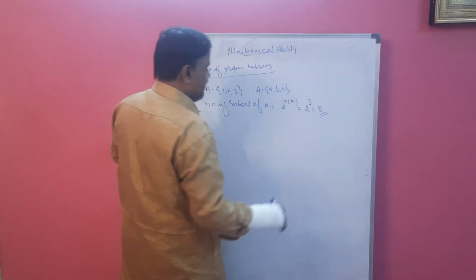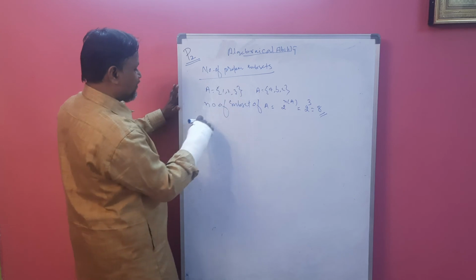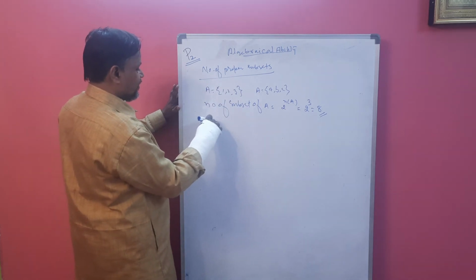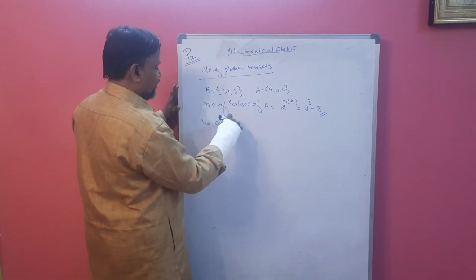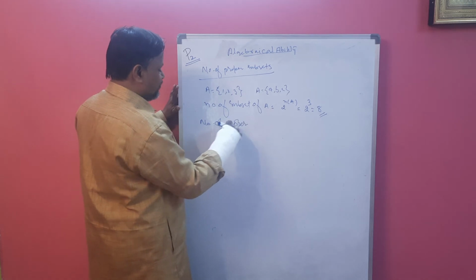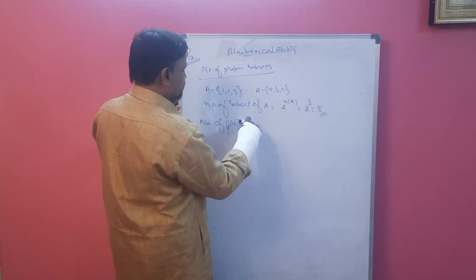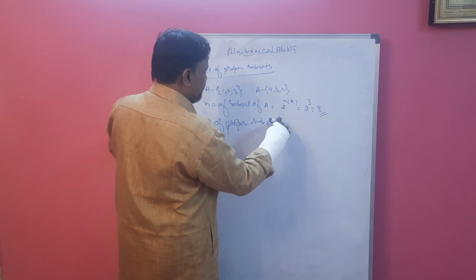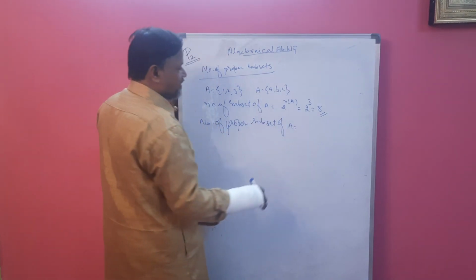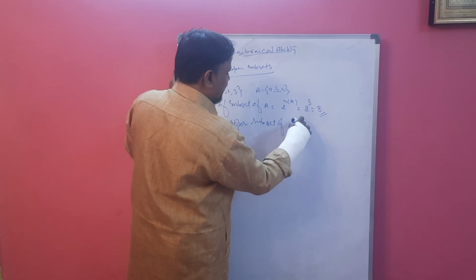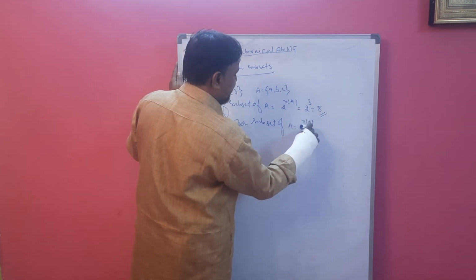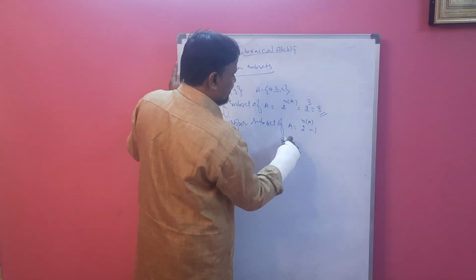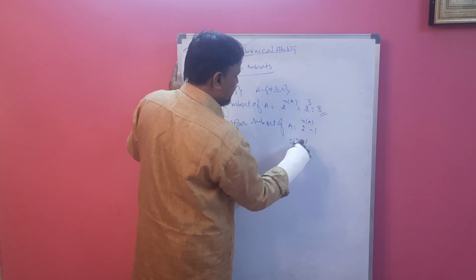This is a formula. Now proper is given. Whenever you hear or read the word proper subset, you have to reduce 1. So the number of proper subsets is 2 to the power of n of A minus 1. This is nothing but 8 minus 1, that is 7.